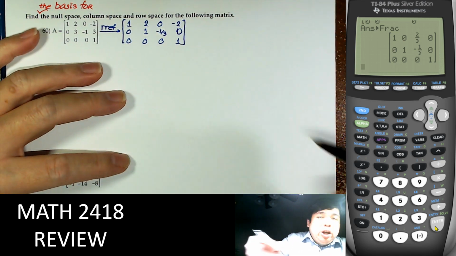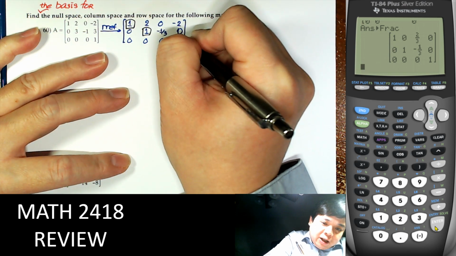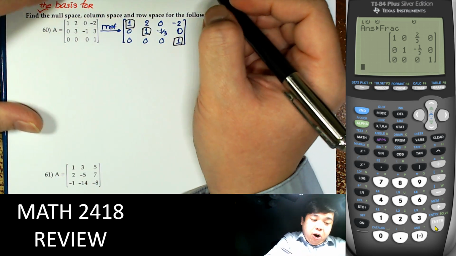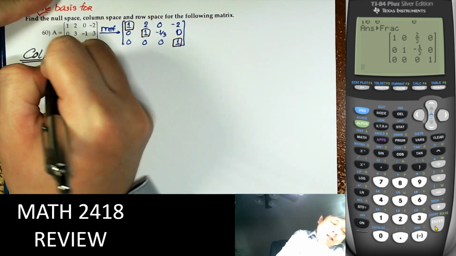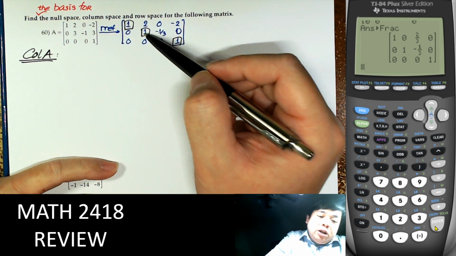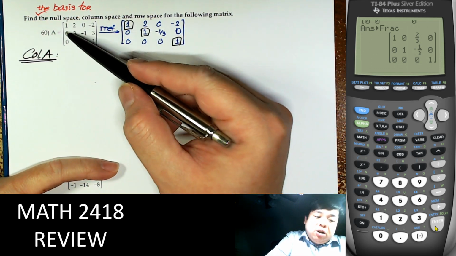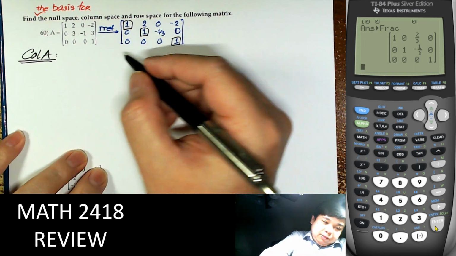Right. So here we see there's a pivot here and here and here. So for the column space of A, there should be three column vectors corresponding to these three pivots, and the vectors come from the original vectors.